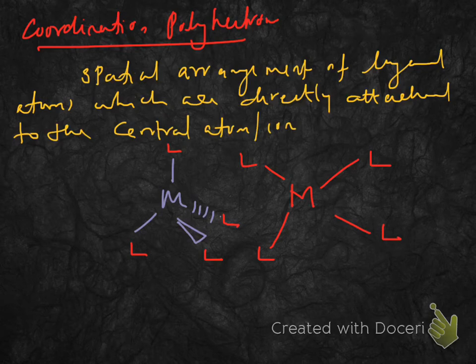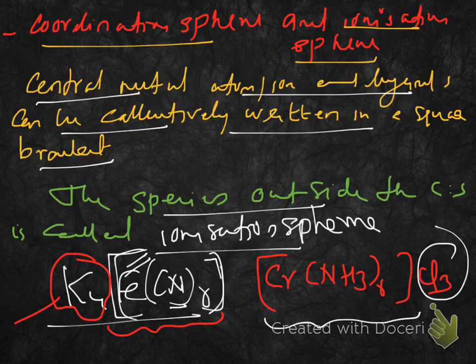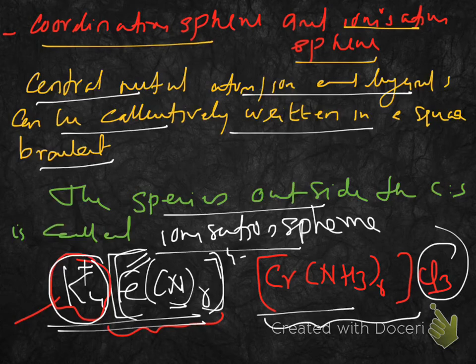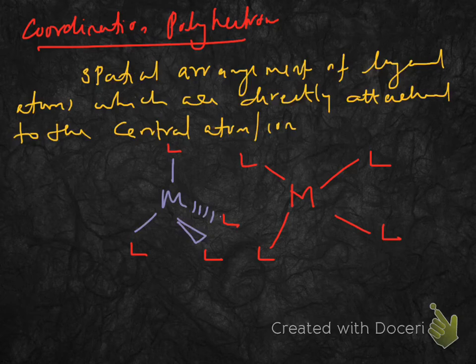When potassium ferrocyanide is dissolved in water, we will get 4K plus and [Fe(CN)6]4 minus. When dissolved in water, this compound gives [Cr(NH3)6]3 plus and 3Cl minus. So Cl minus is the counter ion.